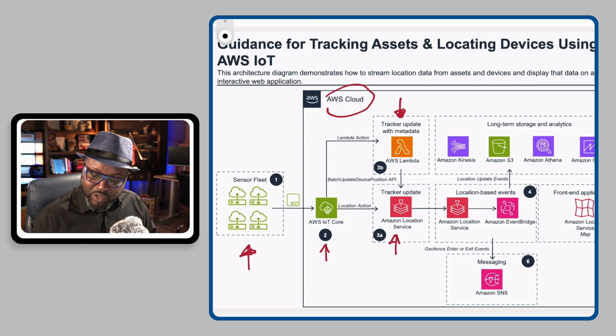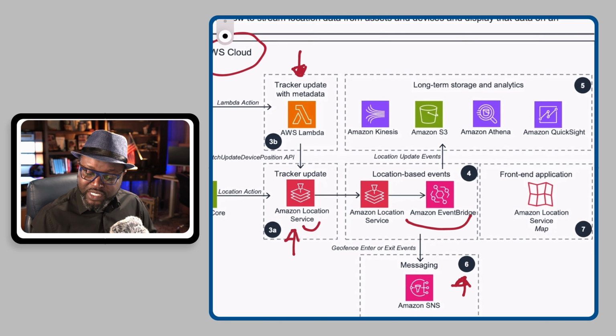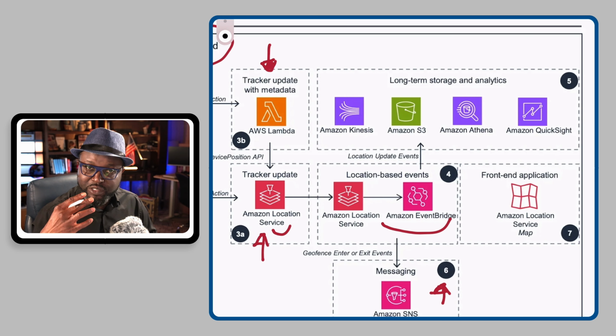In our case, it's gonna communicate with this one here, and this one then will communicate also with Event Bridge. Event Bridge will set up some type of messaging, and that would be this one here. You use SNS to take care of that, Simple Notification Service. Simple Notification Service is, it's simple.